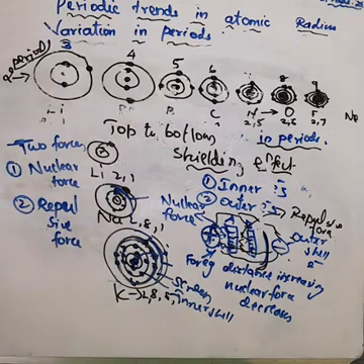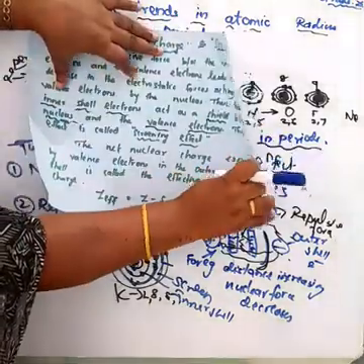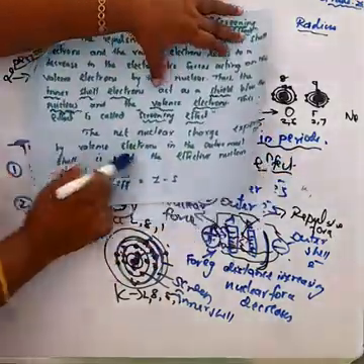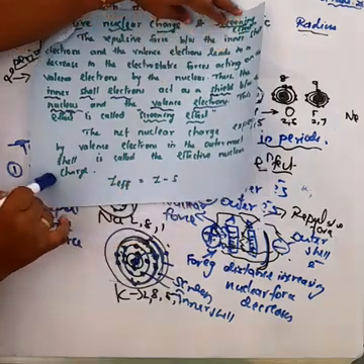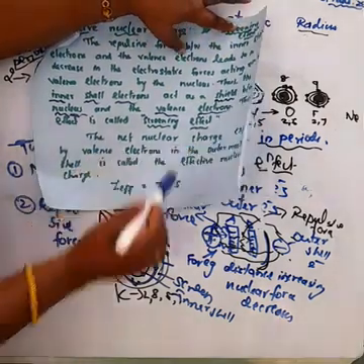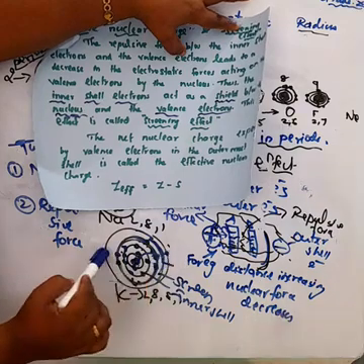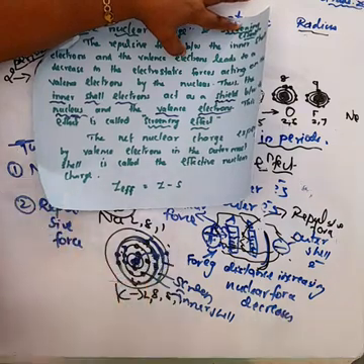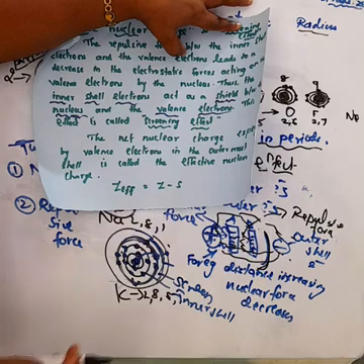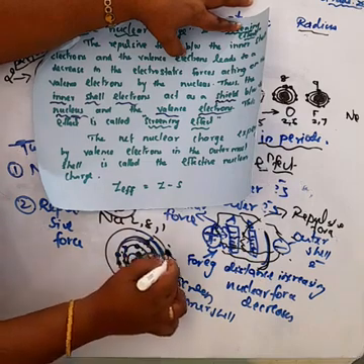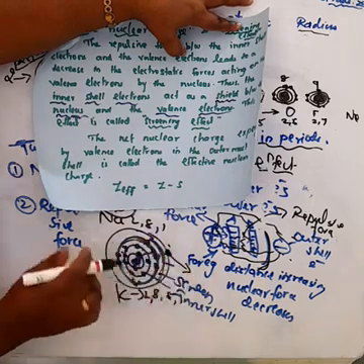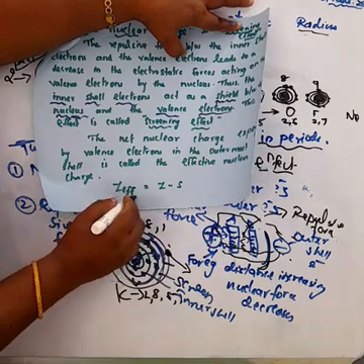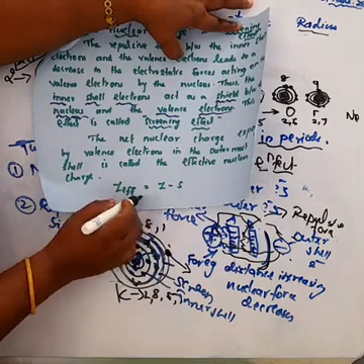The net nuclear charge experienced by the valence electron in the outermost shell is called the effective nuclear charge. How much nuclear charge is experienced by the outermost orbit electron is given by an equation: Zeff, meaning effective nuclear charge.